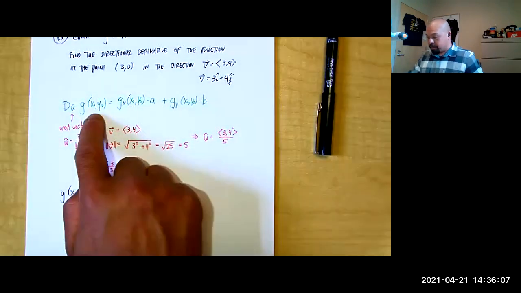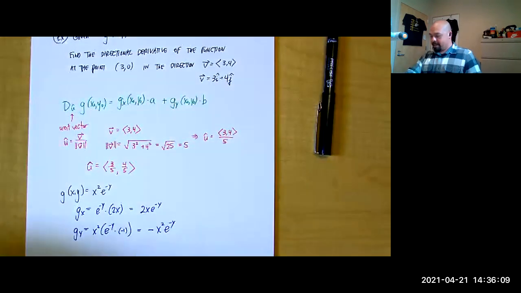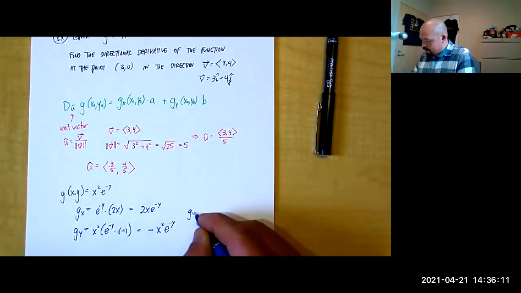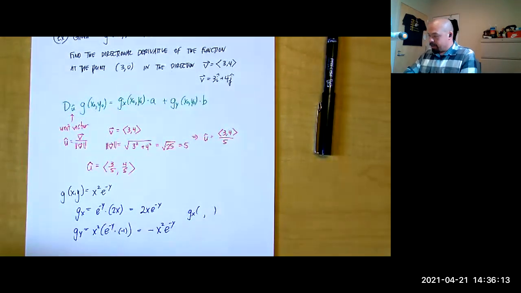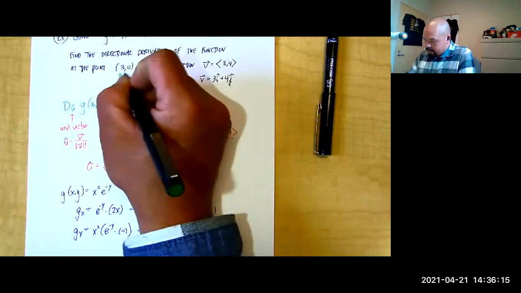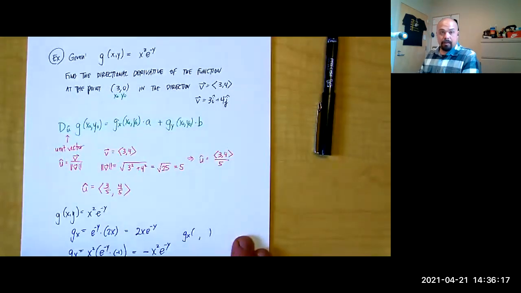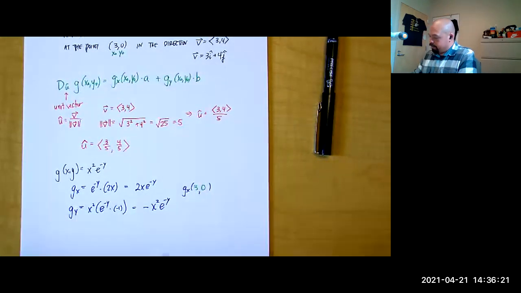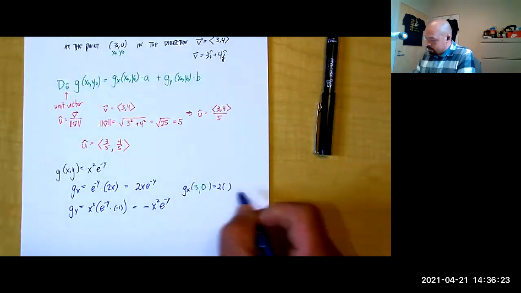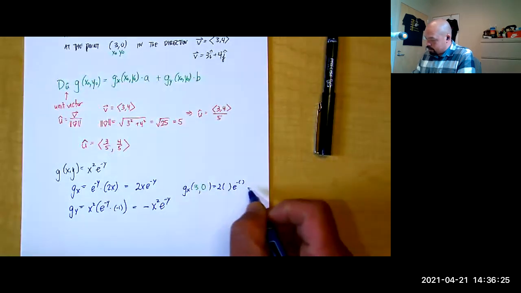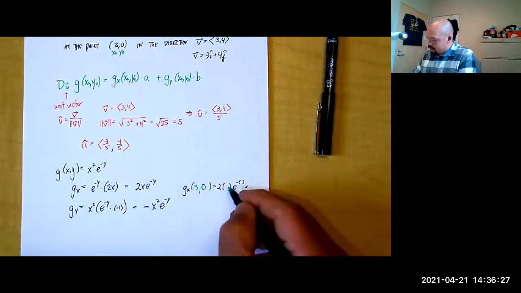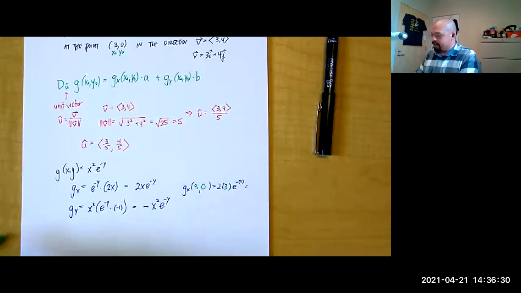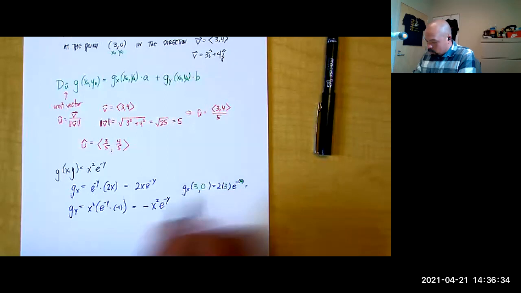But now we have a particular point. So at that point, 3, 0, what are we going to get? 2 times 3 e to the negative 0. E to the 0 is 1.